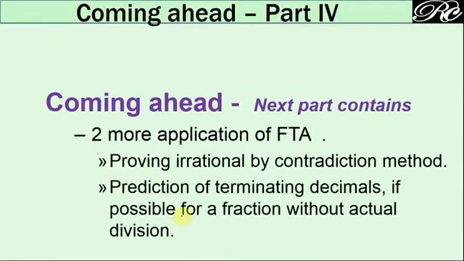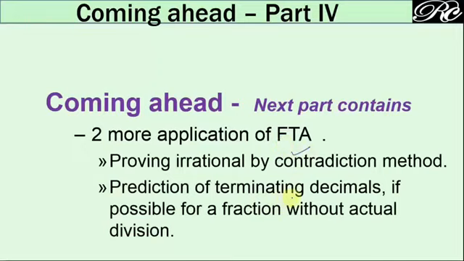In the next part, we will discuss two more applications of the FTA, the fundamental theorem of arithmetic. There we will learn about the contradiction method, and we will prove that numbers like root 2, root 5, root 3, that is, imperfect roots, are irrational.